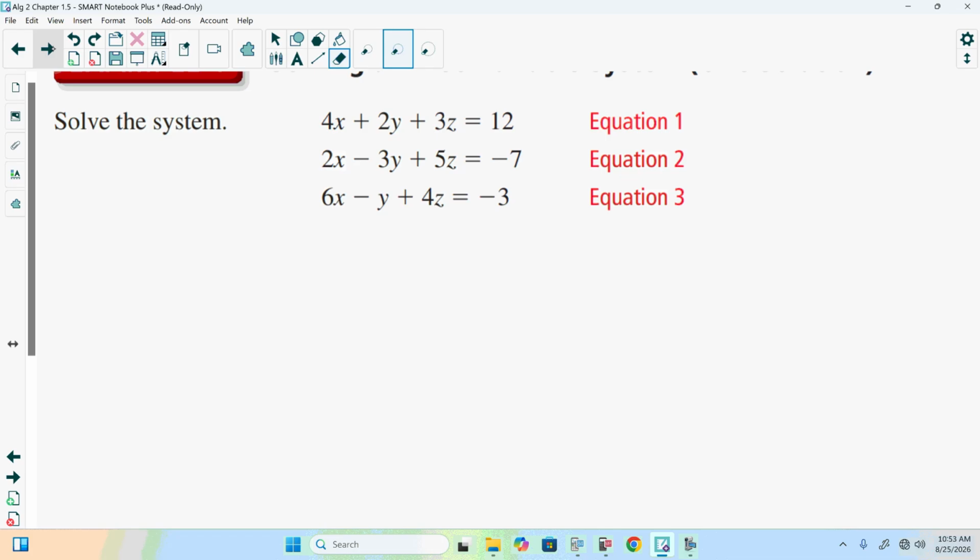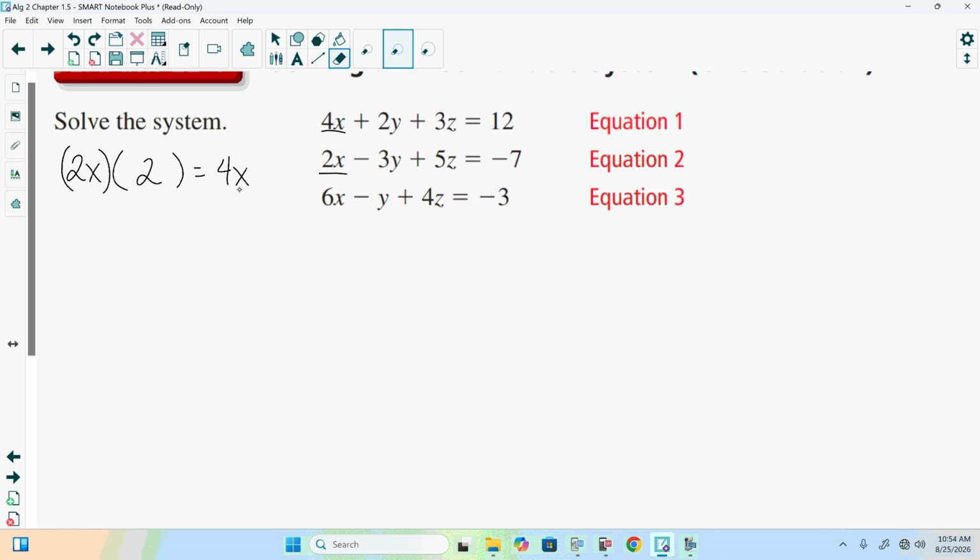The way I decide which one I want to pick is which one can I make the smallest variable of that group into the other 2. So let's look at x. In the x's, we have 4x, 2x, and 6x, yes? If I'm going to choose x as a possibility, the smallest one is 2x, yes? Can I multiply 2x by something to get 4x? And it would be 2. 2 times 2x is 4x.